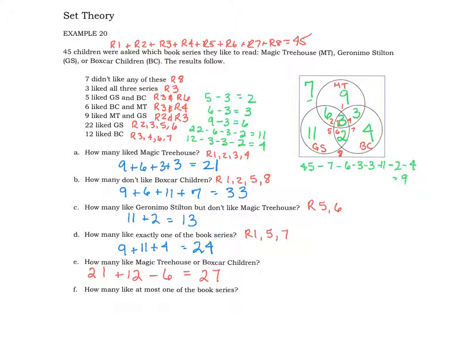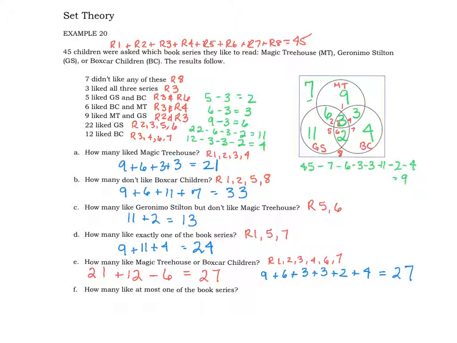Or you could look at it this way: if we're looking at Magic Treehouse or Boxcar Children, we'd be adding regions 1, 2, 3, 4, 6, and 7. So in that case, we would be adding numbers 9, 6, 3, 3, 2, and 4. So when we add all those together, we get 27 again. So either way works.